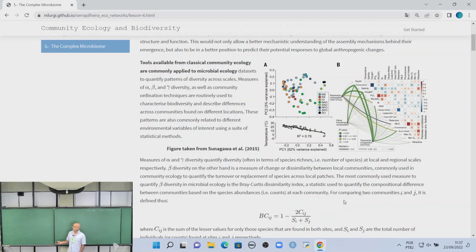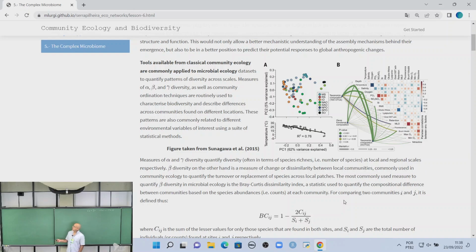I don't know if you have already heard this during this series of topics you have been exploring, but basically what happens in this plot is that you run any kind of ordination analysis, like for example PCA, and then that classifies the different communities according to the composition of their species. And the ones that are closer to each other are more similar in terms of their composition.